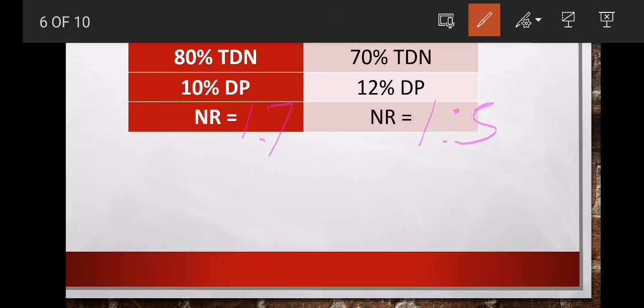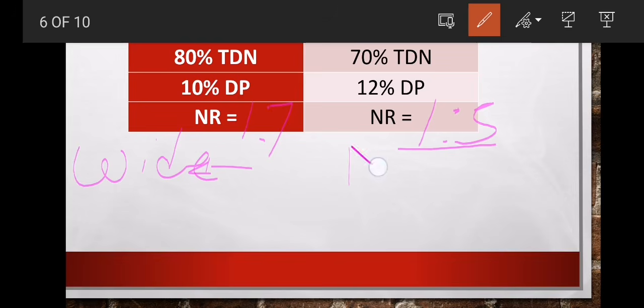This one is 1:7 or more upwards, so it means it is a wider ratio. This one is 1:5, so it falls under 1:6 downwards.